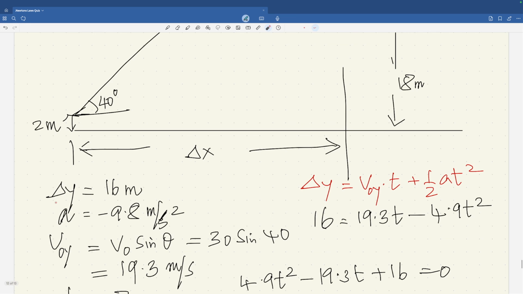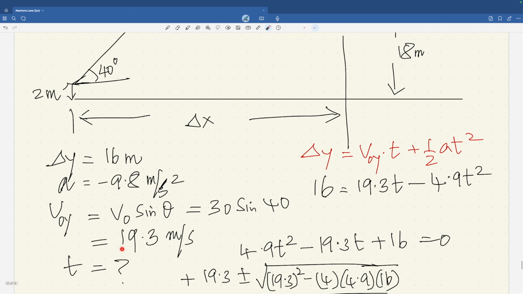I've written down the y components first. Delta y is 16 meters, positive because it's going up. A is negative 9.8, and then the initial vertical velocity is v naught sine theta. So 30 sine 40, which comes out to be 19.3 meters per second.